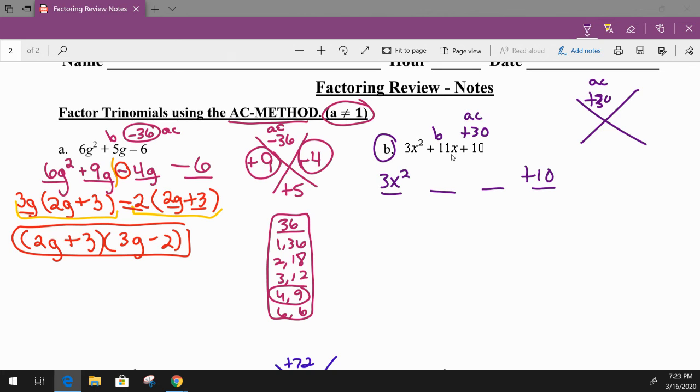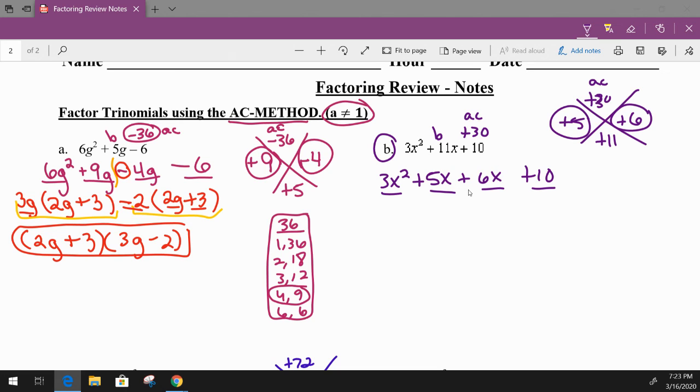So this is AC, that's B. B is +11. So this is one of the easier ones. Think of two numbers that multiply together to equal 30 and add up to 11. So +5 and +6 will multiply together to equal +30 and add up to 11. So these are the coefficients for our middle terms.